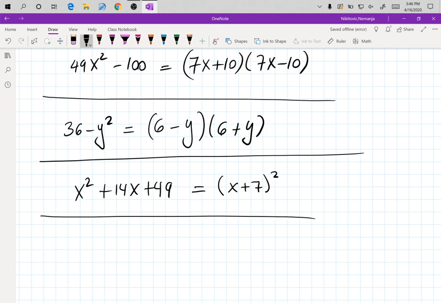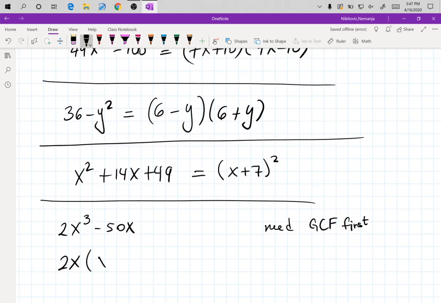What else? It could be tricky, like 2x cubed minus 50x. Need GCF first, because we have 2x common, and the leftover is x squared minus 25.